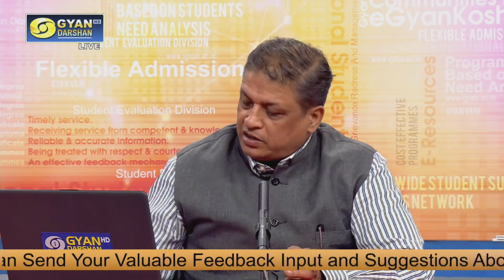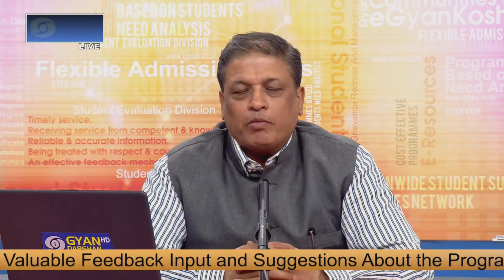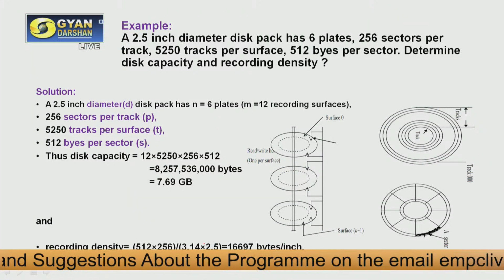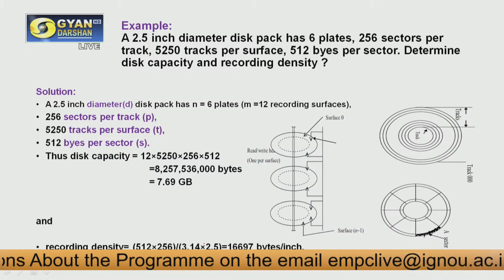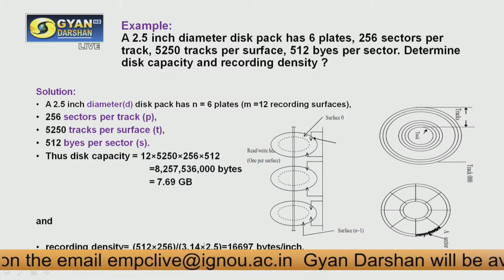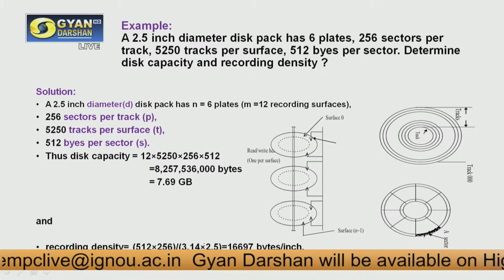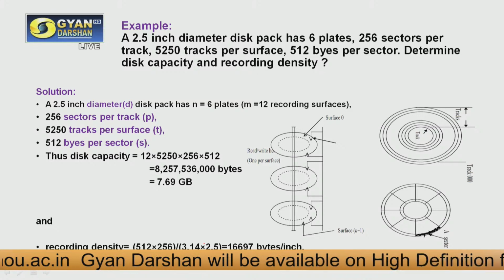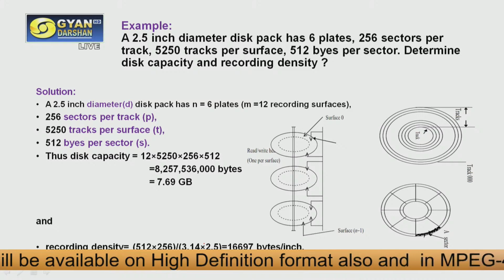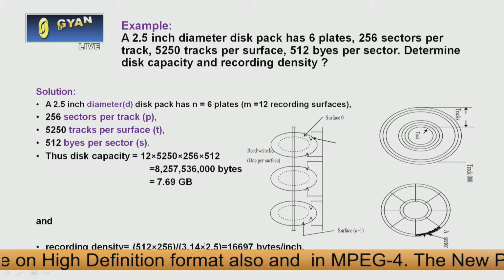You can understand this well if we solve a numerical. Here an example is given to you: a 2.5 inch diameter disk pack has 6 plates, 256 sectors per track, 5250 tracks per surface, and 512 bytes per sector. Determine disk capacity and recording density.